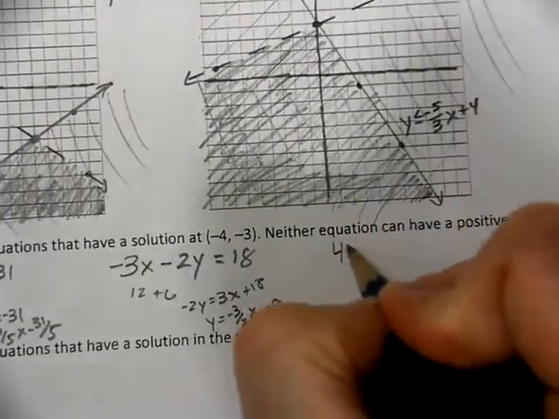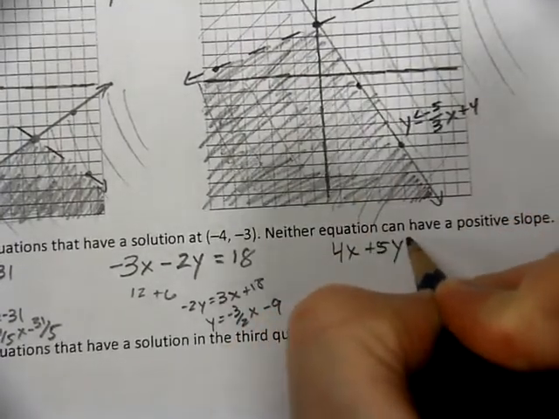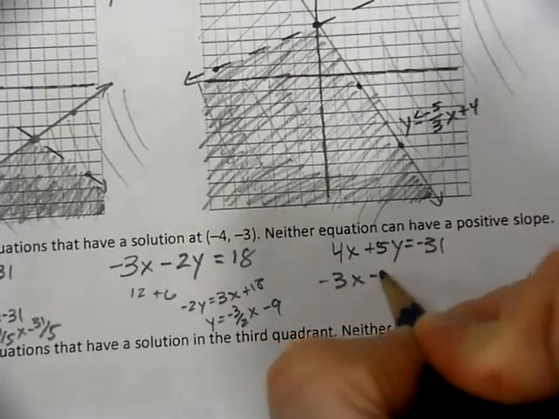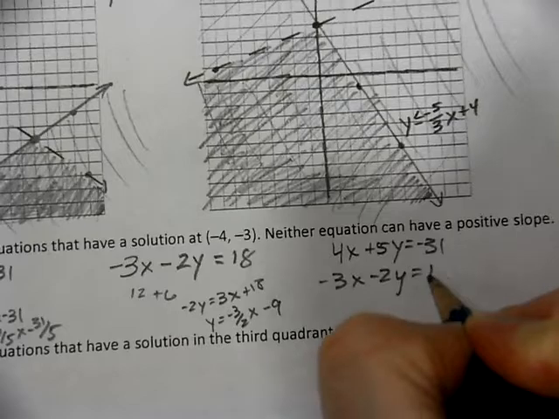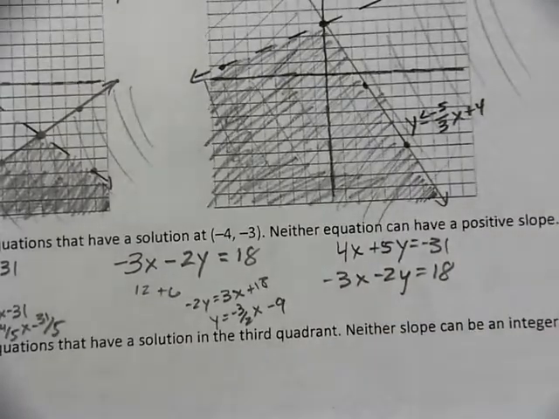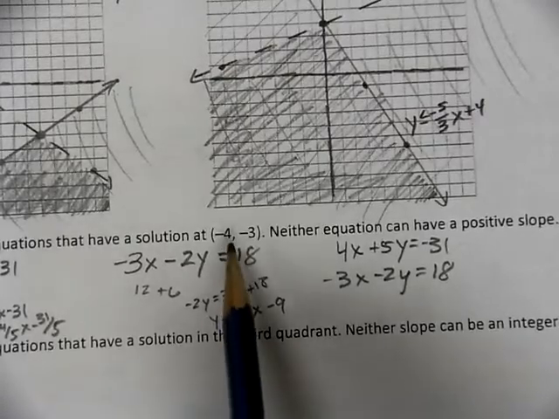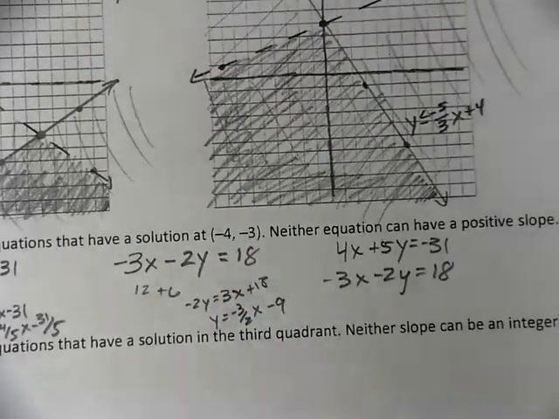So our two equations are 4x plus 5y equals negative 31, and negative 3x minus 2y equals 18. So those should give us the solution point of negative 4, negative 3.